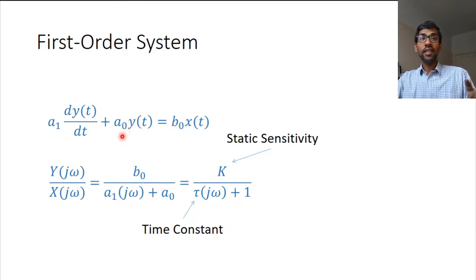So in addition to the terms that we had in the zero order system, which was a naught y, we have another term which is the first differential of y.